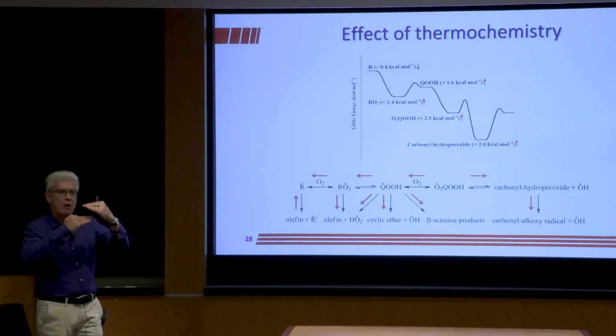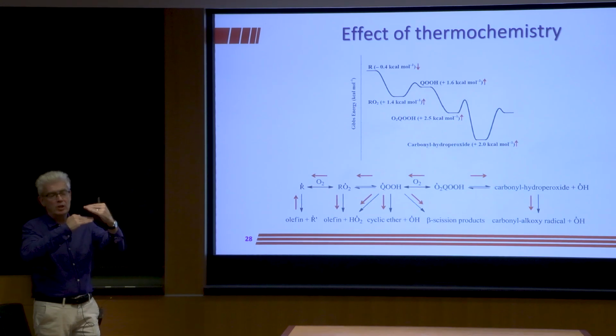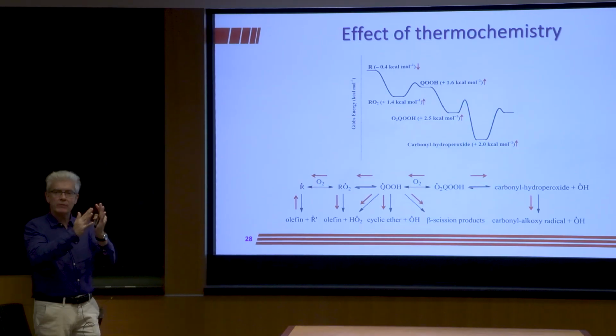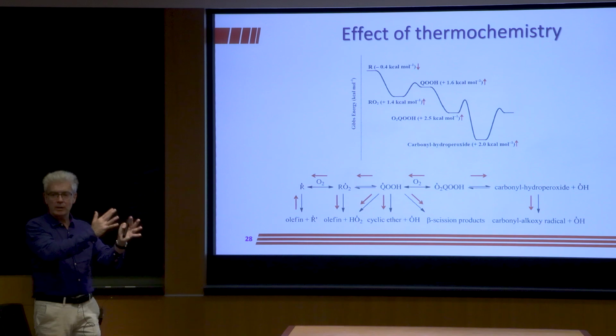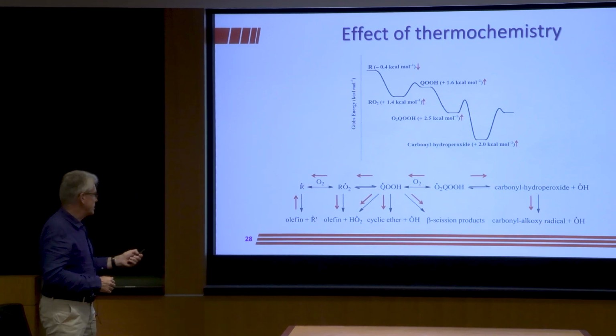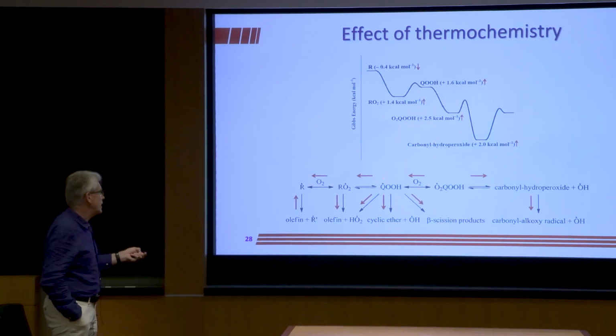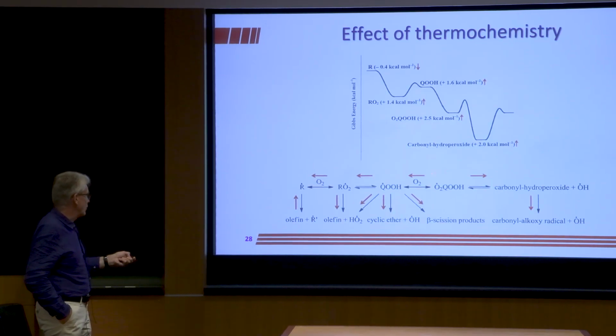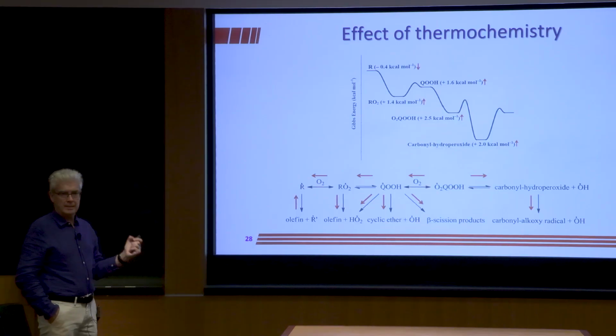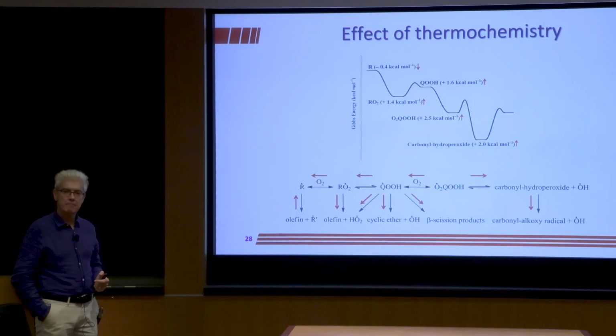So that means that the well depth is 1.8 kilocalories per mole shallower. That will shift that equilibrium of R plus O2, giving RO2, to the left and leave you at R plus O2, okay? And the rest of it you can see yourself. I already went through it in detail on Monday. But what it's doing is, because of all these arrows going left, it's slowing down the reactivity.